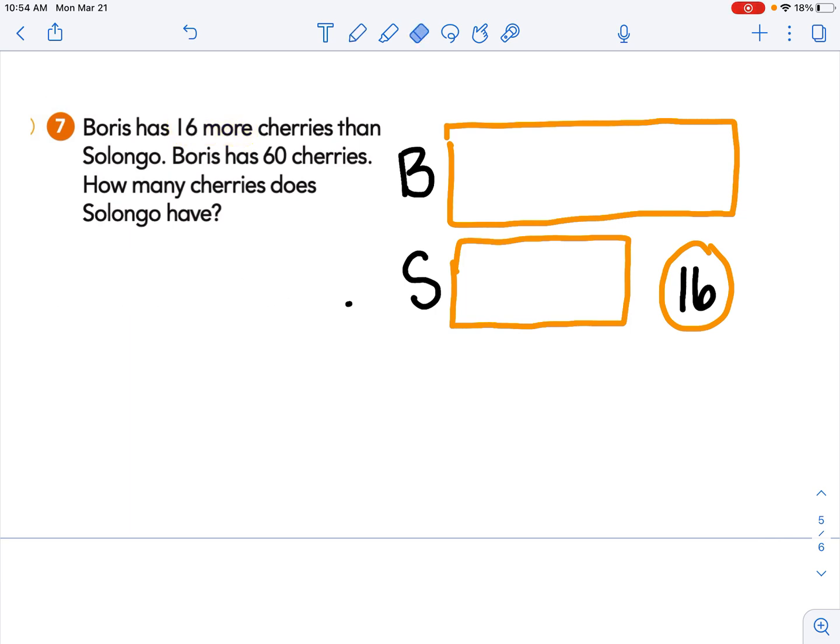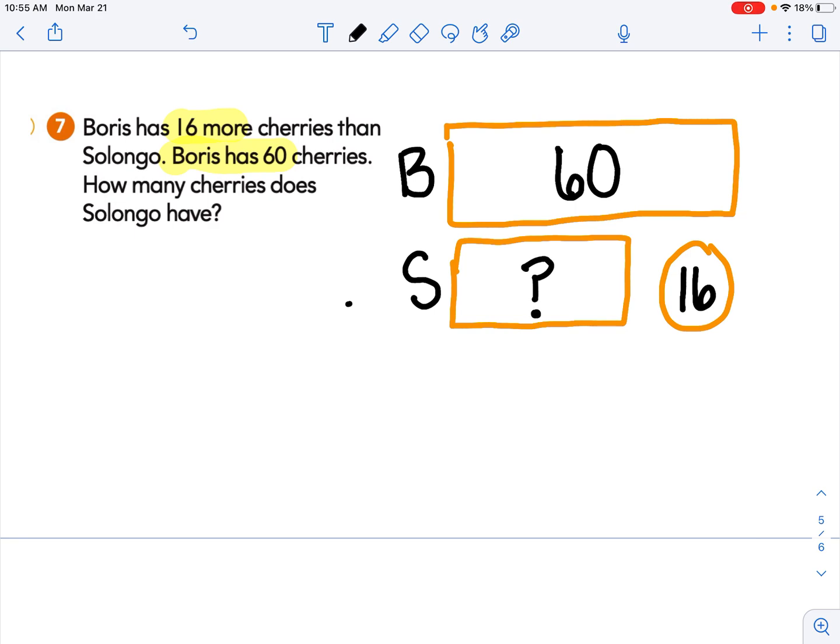Okay, now let's plug in some more numbers. Boris has 60. Notice how next to that number, it doesn't say more or less. So that number is the one that goes in Boris's rectangle. He has 60 cherries.